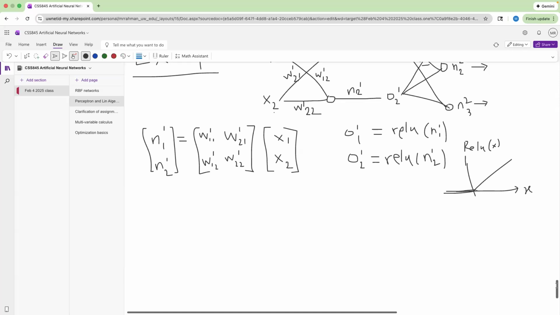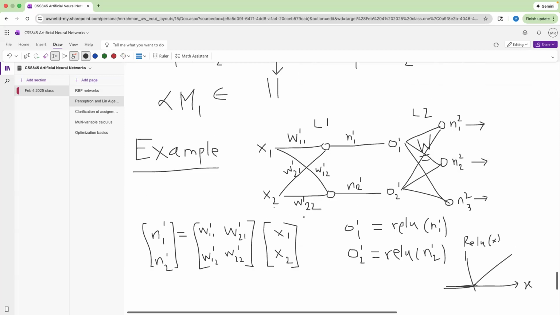Okay, so basically what we are doing, and this is the same computation that you would do in any large neural network, is you take the input, you multiply it by a matrix, you get the first layer results, then you do a nonlinearity, and then you get the final output after layer 1, which is these two values O11 and O21. And then this gets passed through another matrix, right?